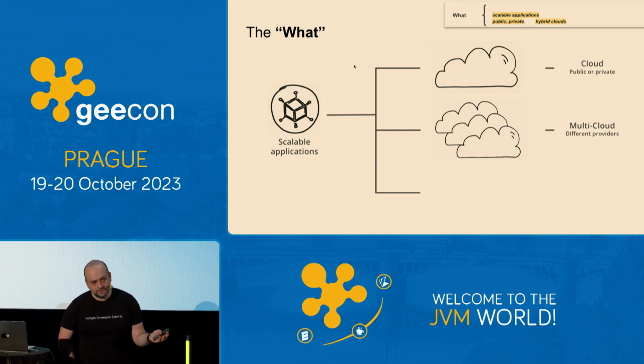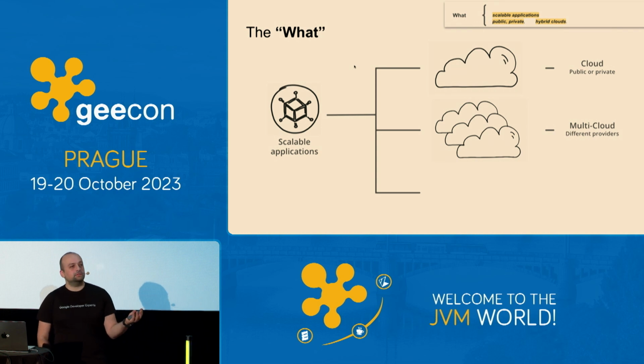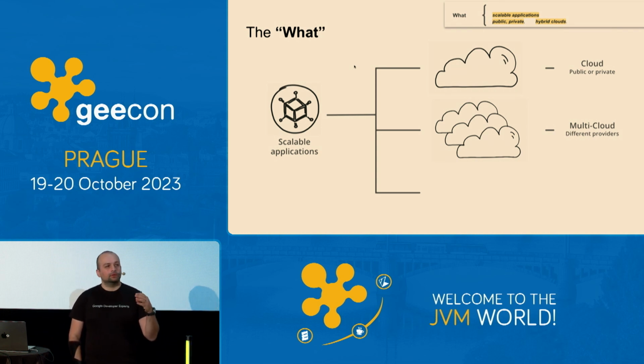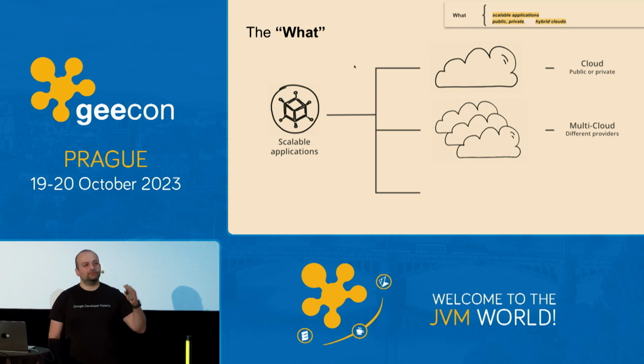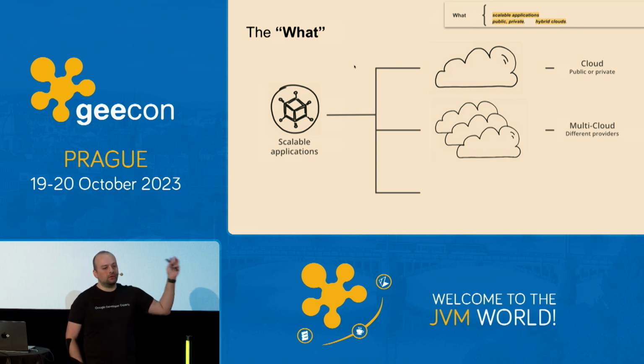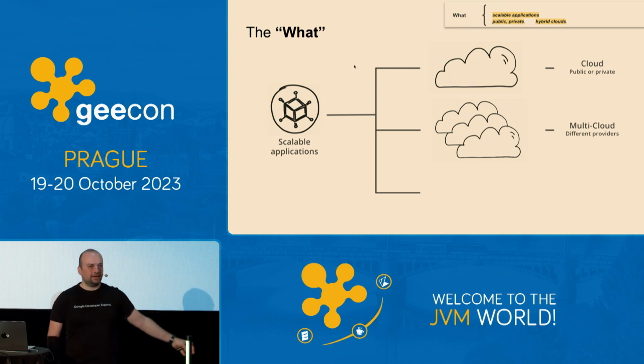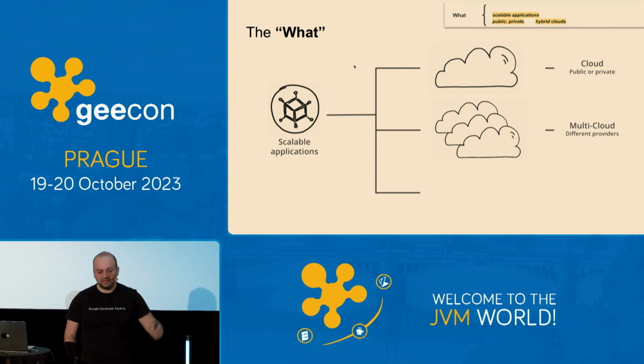It can be for different reasons. For example, something you want to do because your application is so important and so critical that you do not want it to go down even if data centers are on fire somewhere or, I don't know, sharks attack fiber optics on the seabed. That one, by the way, is kind of a myth, but it's kind of cool.